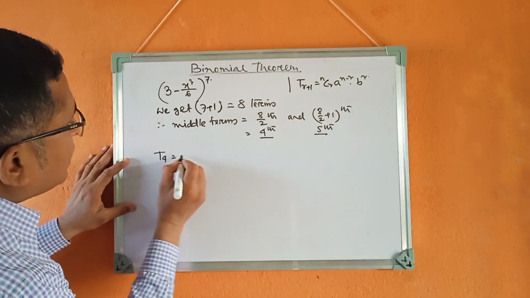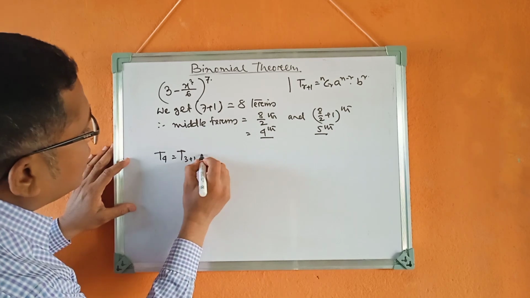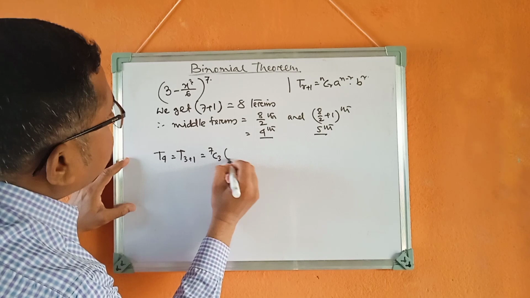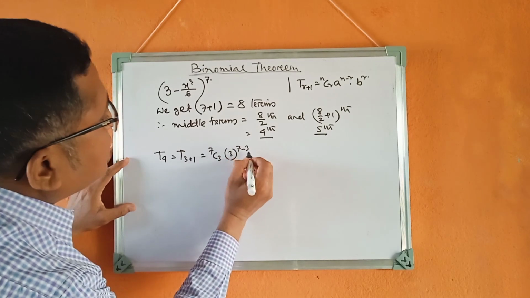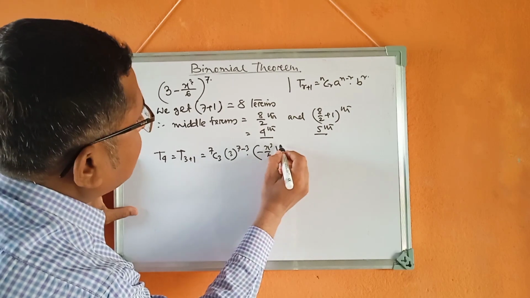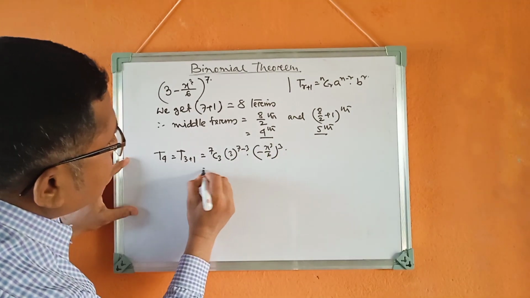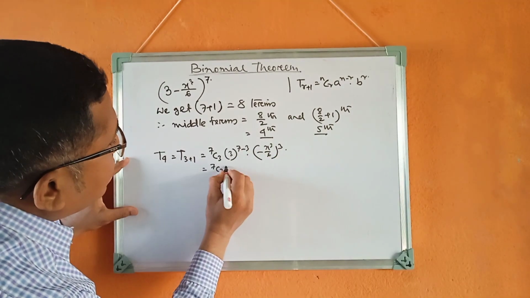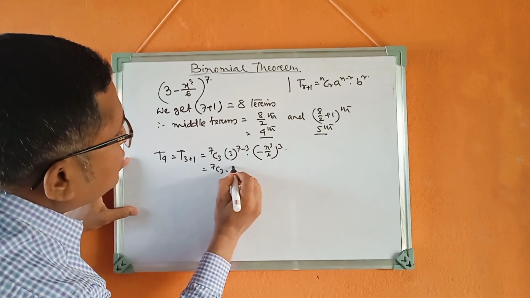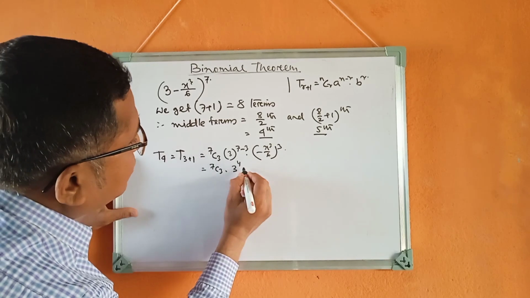So T4, that is T3 plus 1. So we get 7C3 into 3 to the power 7 minus 3 into (minus x cube divided by 6) whole to the power 3. So we get 7C3 into 3 to the power 7 minus 3, that is 4.